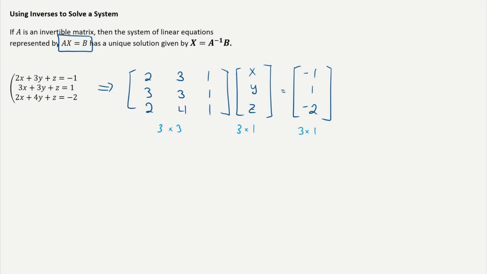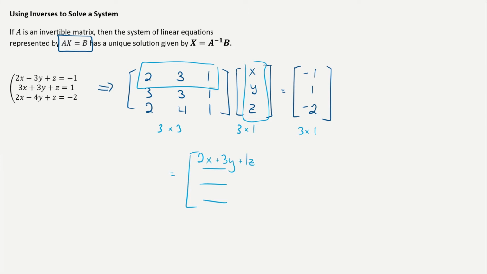And then if I do actually multiply these, we're saying it creates a 3 by 1 matrix. What is in the first slot here? I would take first row times first column. So I'd have 2 times x plus 3 times y plus 1 times z. The next one, I would have second row times first column, and that would be 3x plus 3y plus 1z.